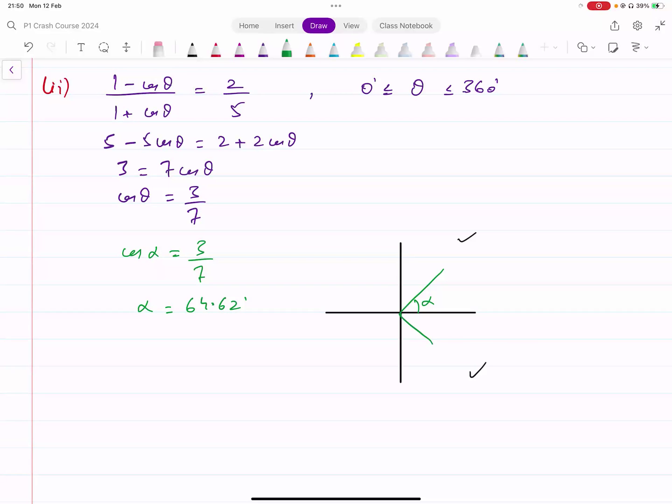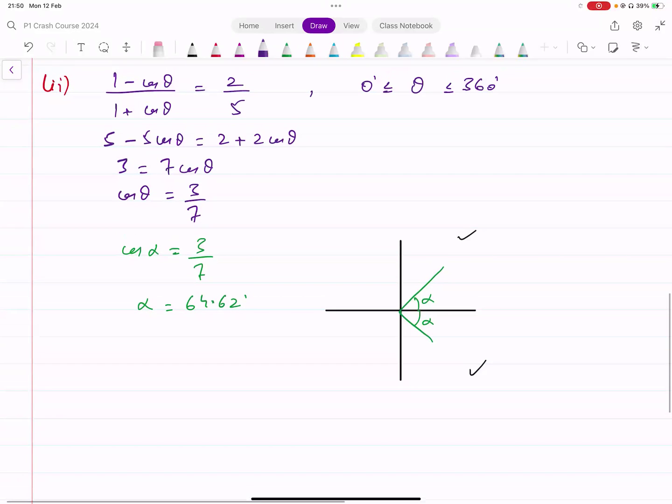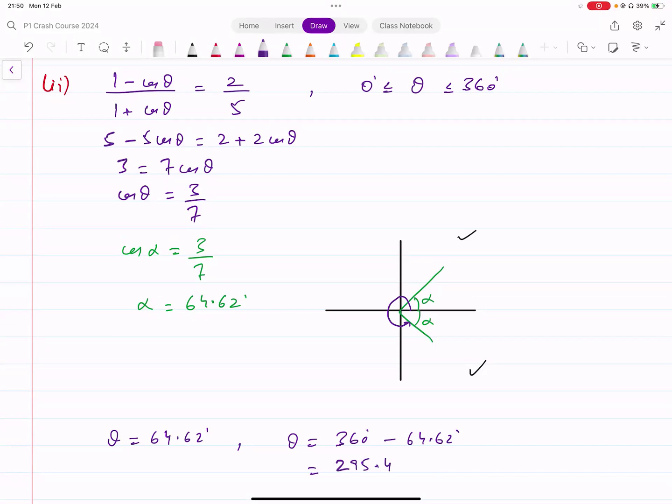The solutions are therefore theta equals 64.62 in the first quadrant and 360 minus 64.62, remember we measure angles like this, which is 295.4 degrees. That's the other answer.